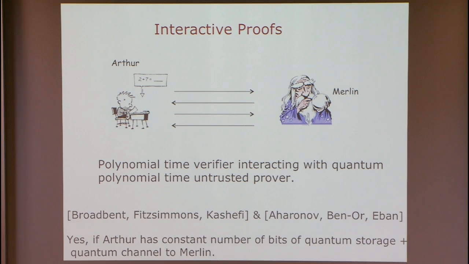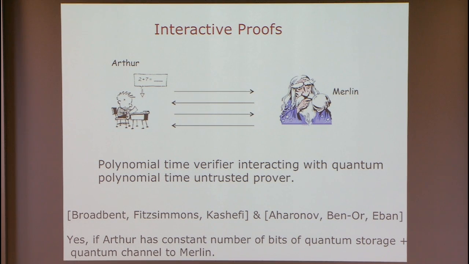So there are very interesting results which I guess Anne will talk about today. There are these papers which talk about what happens if you augment the verifier with a small amount of extra quantumness.